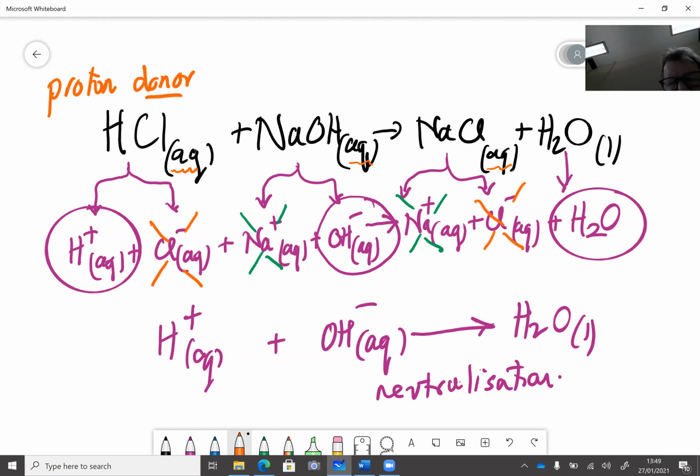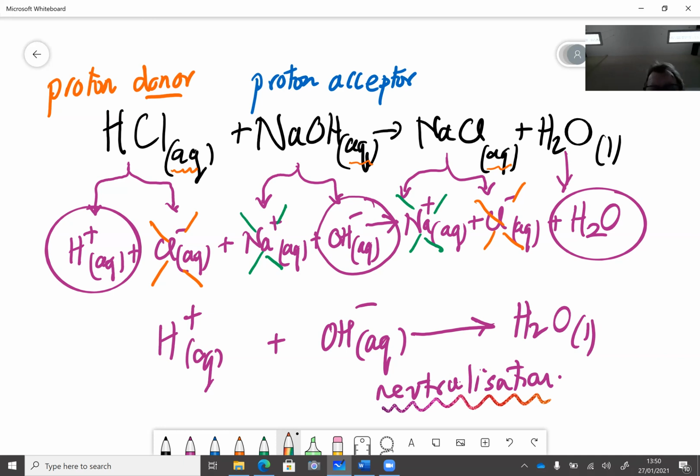They hold on to each other to make water. So the OH- comes from the alkali up here, and the alkali is a proton acceptor. And so the whole thing is neutralization.